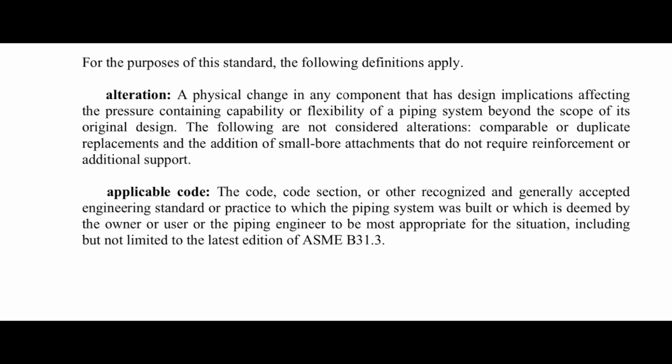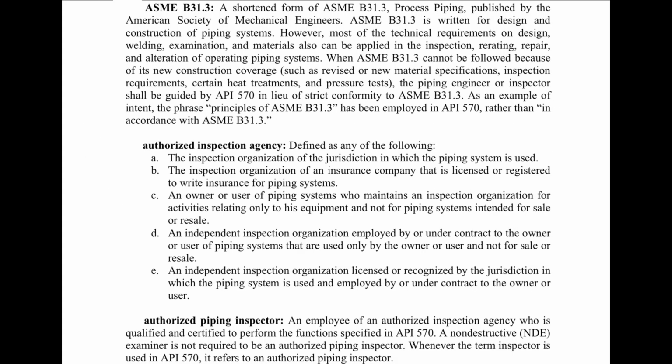The next part is definitions. You should know very well the definition of alteration. What is alteration? You should read it in the code. And applicable code: the code section or other recognized and generally accepted engineering standard. You should learn all these things properly, and what ASME B31.3 refers to.